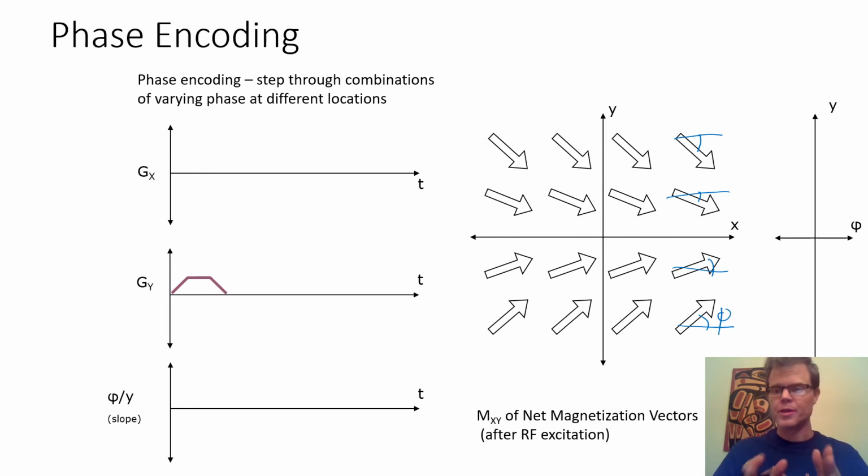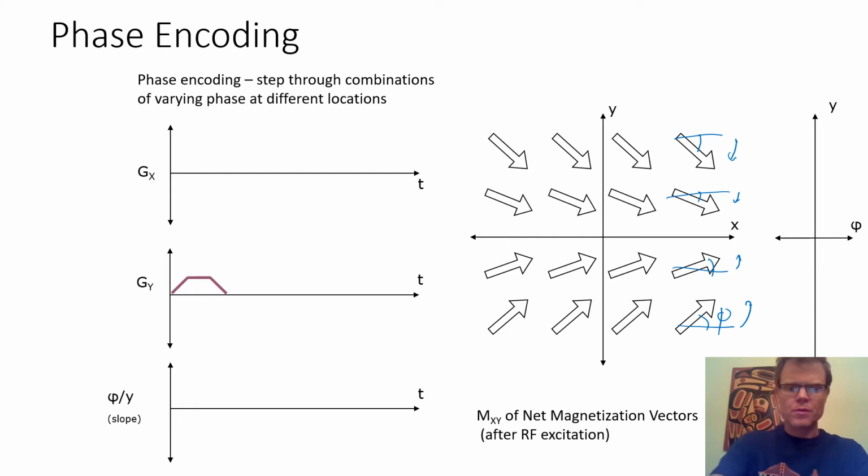So while the gradient's on, we get rotation by either low or high frequencies. When the gradient is turned off, then the rotation stops and we have some fixed phase pattern that we've created like this.